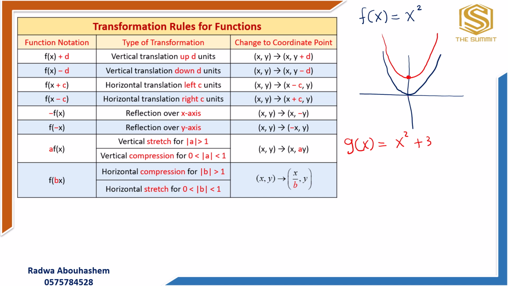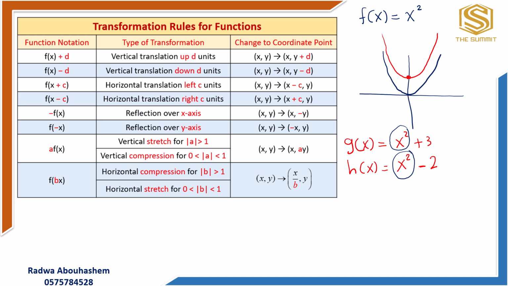Good. Now, if I say that you have a vertical translation, or you shifted down 2 units, it would be minus. So let's say h of x equals x power 2 minus 2. As you see here, when I add or subtract, I add it to the whole function.